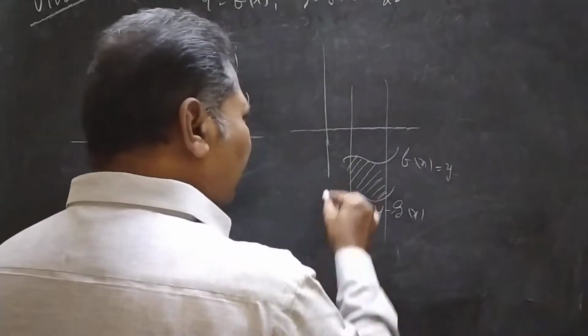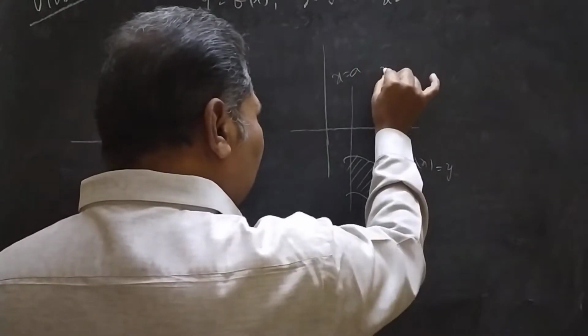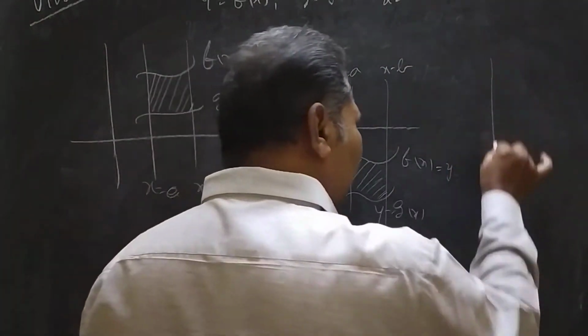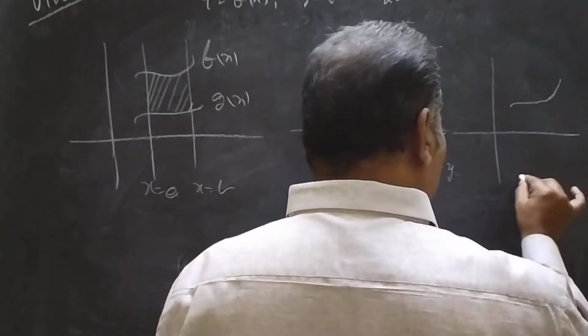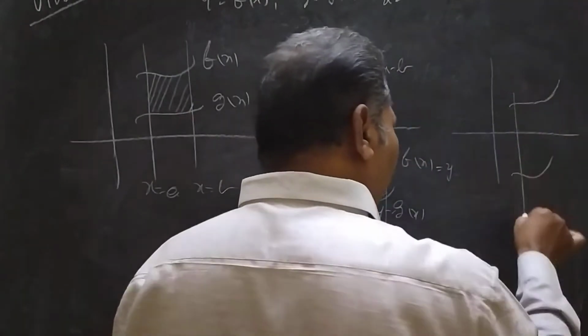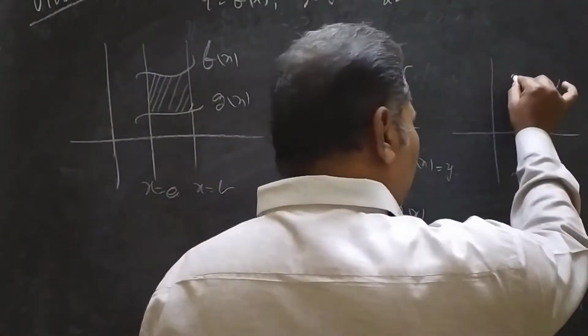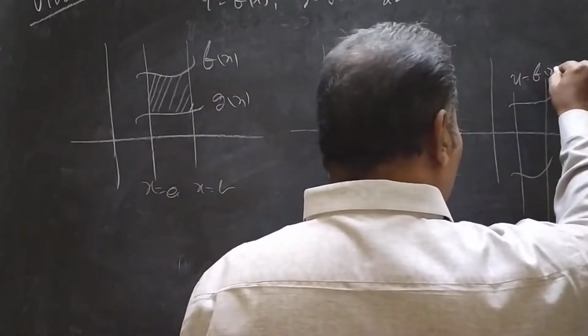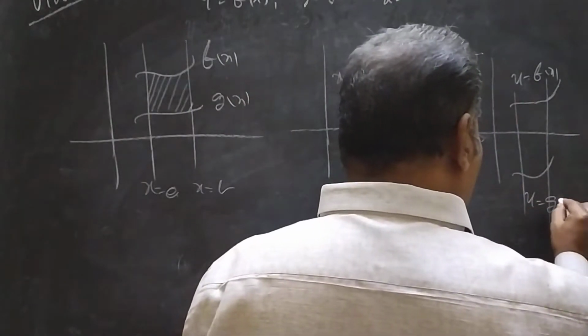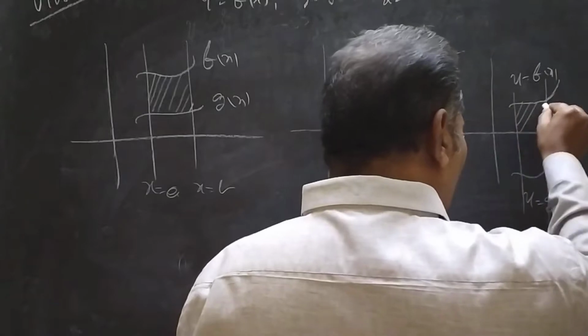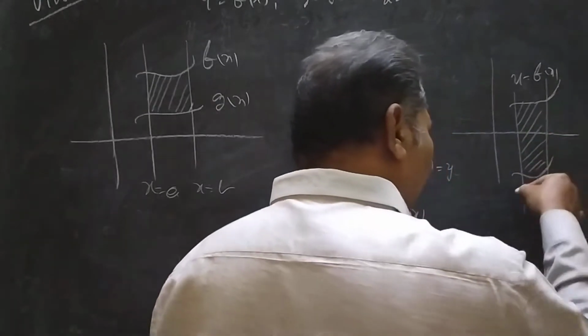Or one is a positive curve, another one is a negative curve. Y equal to f of x is the positive curve, y equal to g of x is the negative curve, with the line x equal to a and the line x equal to b.